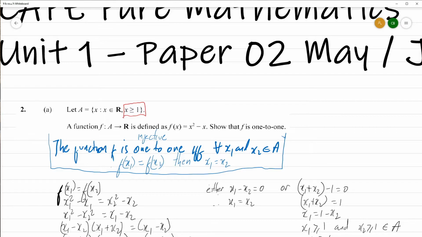So therefore, we have successfully proven that f of x is injective or one-to-one.